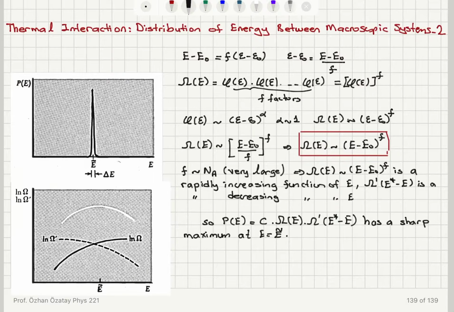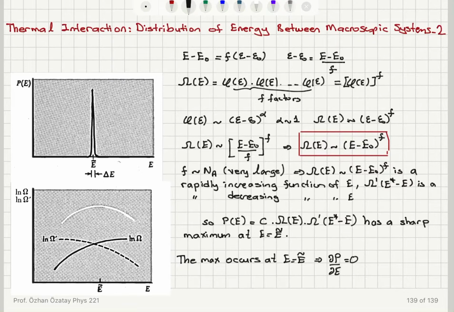Okay, so what is the meaning of having a sharp maximum? We say that the point at which the maximum occurs, we called the energy value E tilde. So this implies that at this point, del P del E is equal to 0, right?